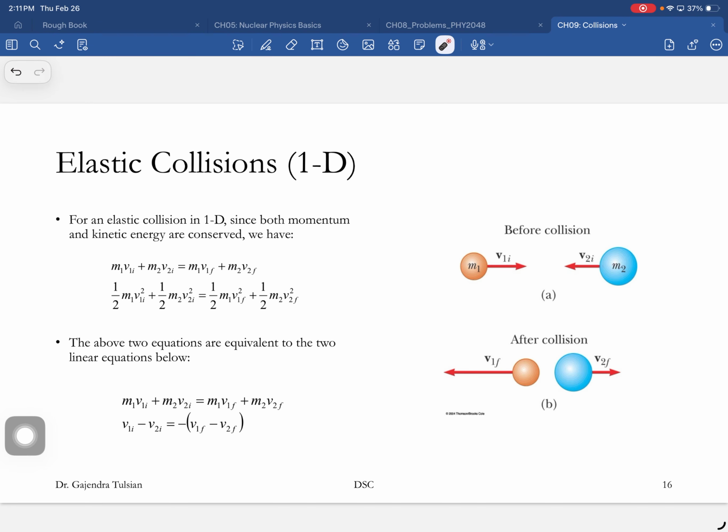That's the relative velocity. If you're going at 5 meters per second and this guy is coming at 10 meters per second, if you're sitting on this guy, he's coming at you at 15 meters per second. Or you're approaching him at 15 meters per second. That's your relative velocity.